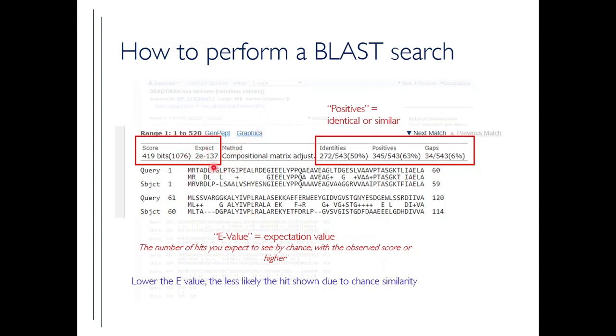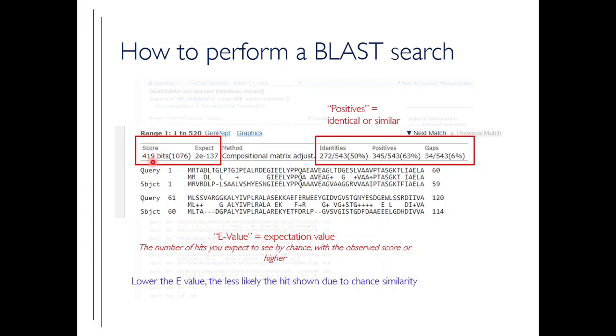Essentially, if you have a low E value, so here we've got 2 times 10 to the minus 137, then there is a lower likelihood that the hit shown has this score or higher due to chance.